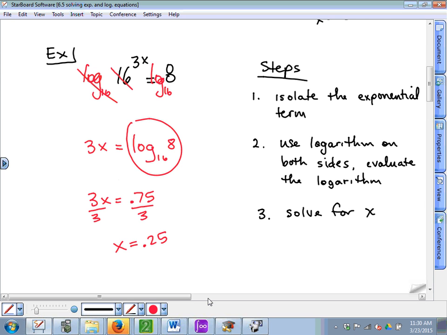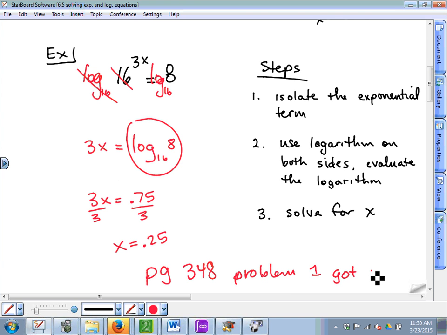So x equals 0.25. Let you guys try one. Page 348, problem 1, got it.